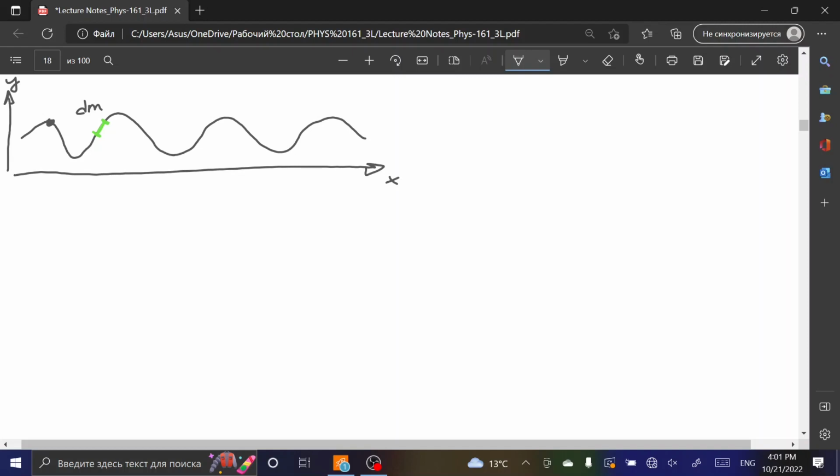Its motion happens only along axis y because it doesn't move along axis x. Kinetic energy in general is 1/2 m v squared, so for small elements we write dK equals 1/2 dm v squared.